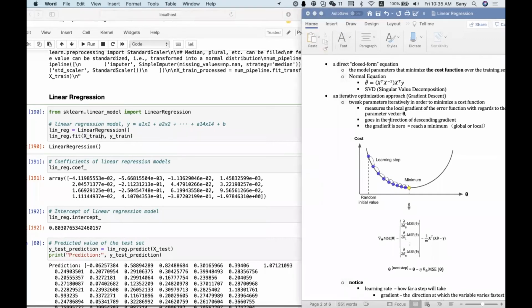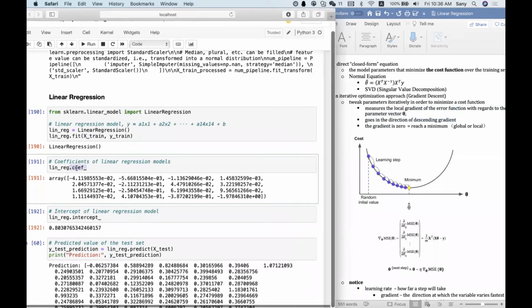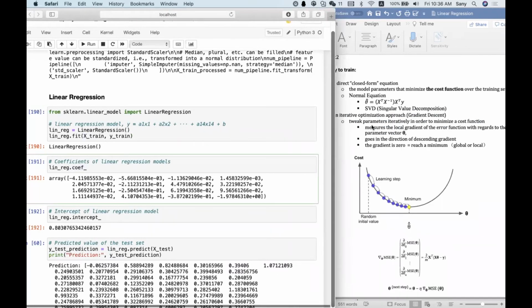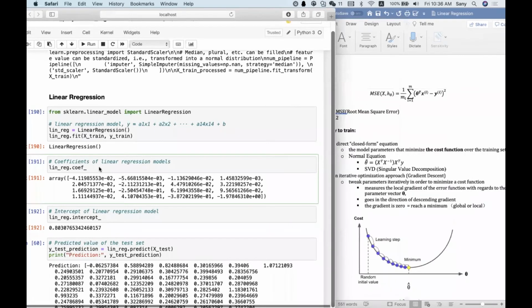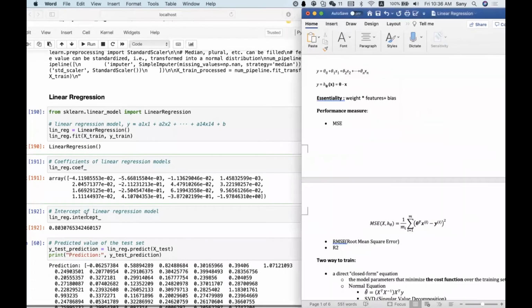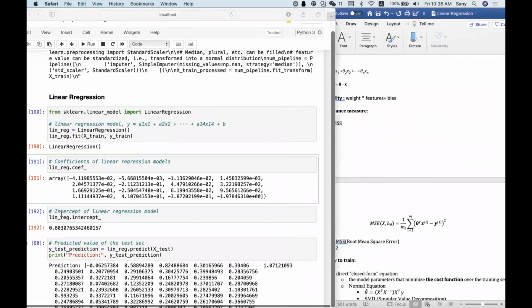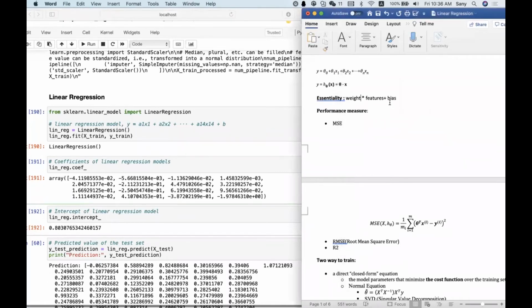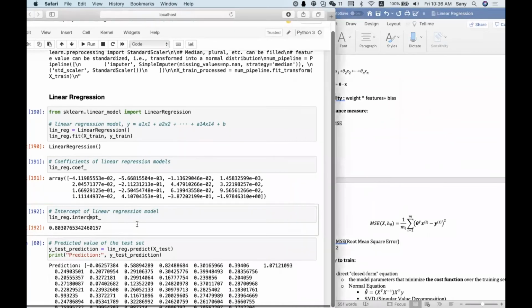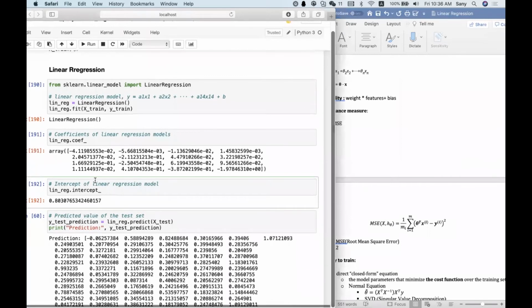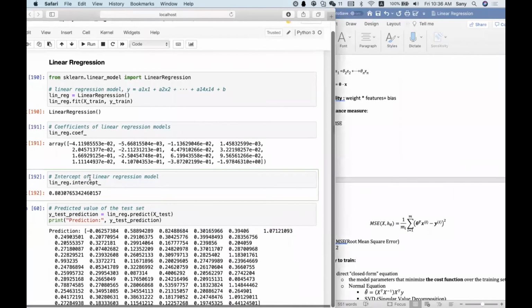But the math knowledge it used is put in the document here. It will find the coefficient, which we mean as the weight, and the intercept, which we call the bias.